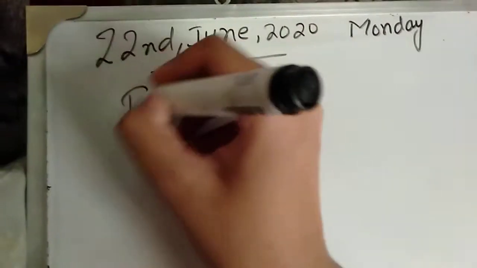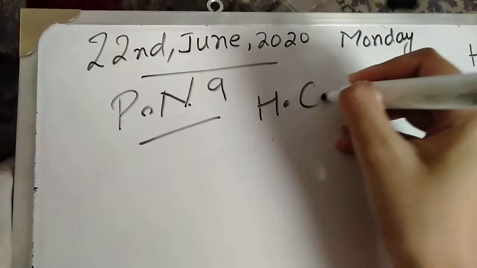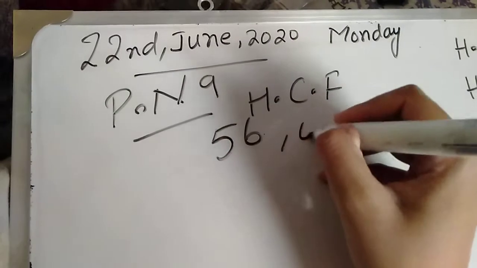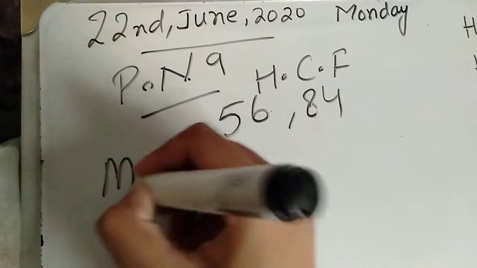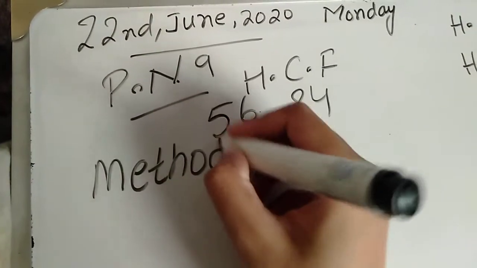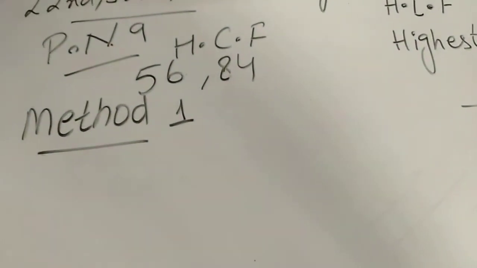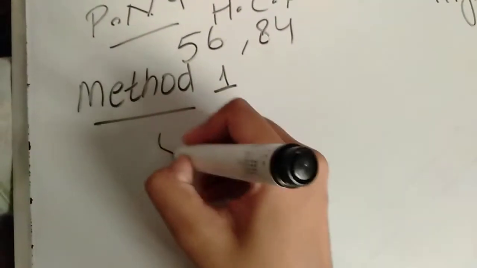So we are going to solve Practice Now 9. We have to find the HCF of 56 and 84. First I will tell you method 1. In method 1 we have to find the prime factors of 56 and 84 separately.